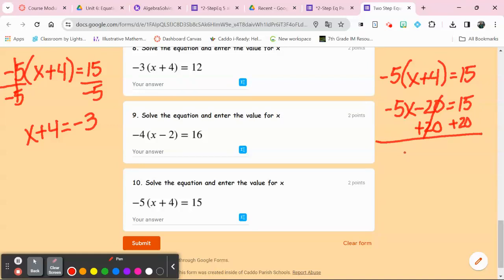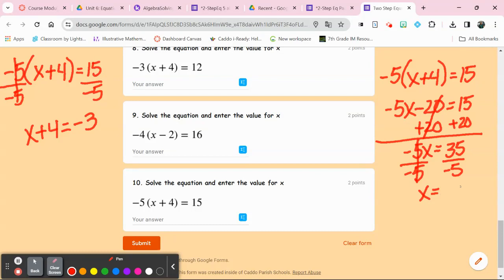That leaves me with negative 5 times x equals 35. And the opposite of multiplying by negative 5 is dividing by negative 5 to both sides of the equation, which leaves me with x equals, you got one negative in that division problem. What kind of answer you going to have?